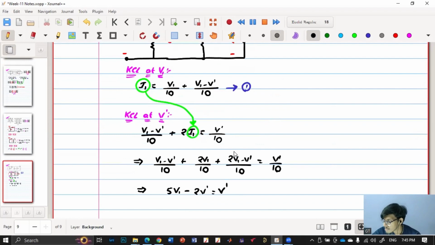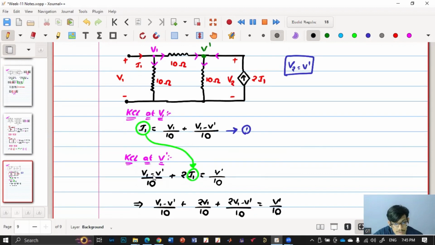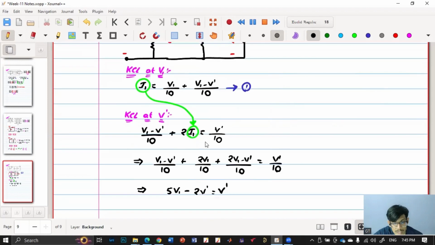Are we making any mistake? I think we are making some mistake, so let me quickly check here. I1 is equal to V1/10 plus (V1 - V')/10, and here (V1 - V')/10 plus 2 times I1 is equal to V'/10. Okay, so this is the mistake.